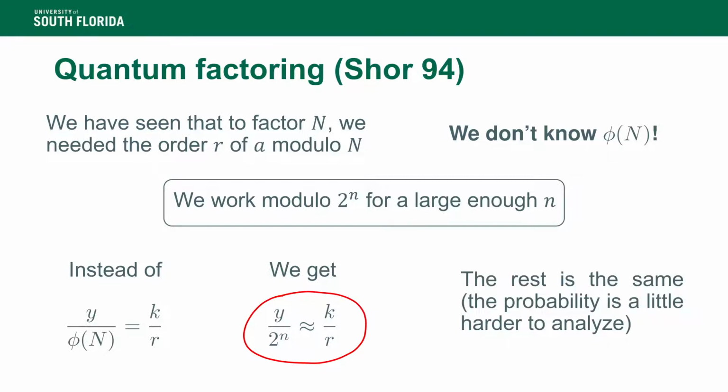Now, what's interesting, and what justifies having done everything first modulo phi of n, is that we are going to keep the entire structure of the algorithm, just the analysis is going to change slightly, okay?